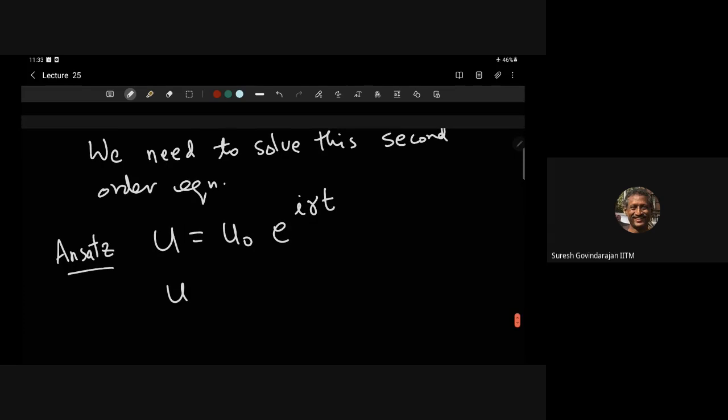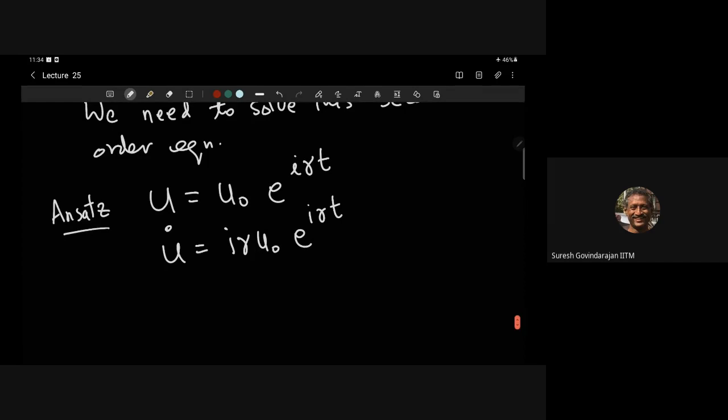Then U dot will be I gamma U naught e power I gamma t, and U double dot will be minus gamma square U naught e power I gamma t.